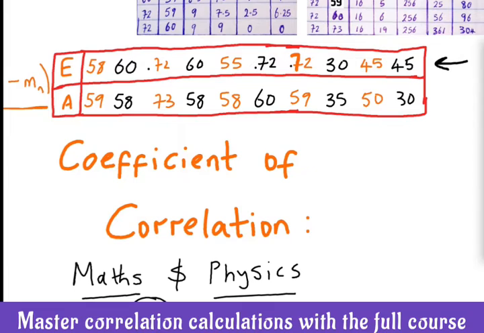So that will be m1, the first repetition of rank. m1 will be 3, because 72 was repeated 3 times. We move further and we see that 45 was repeated twice. That will be m2, the second repetition of rank, and the value will be 2, because it was repeated twice. So that's the meaning of m. m is simply the number of repetitions, that is how many times that particular score was repeated. So I hope it's clear.